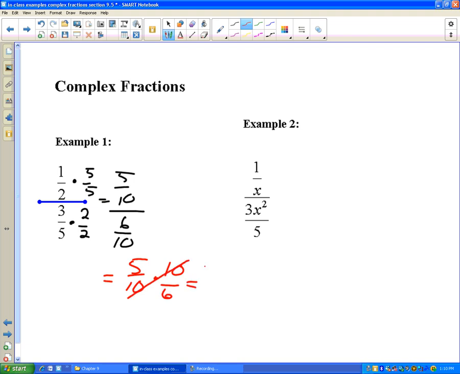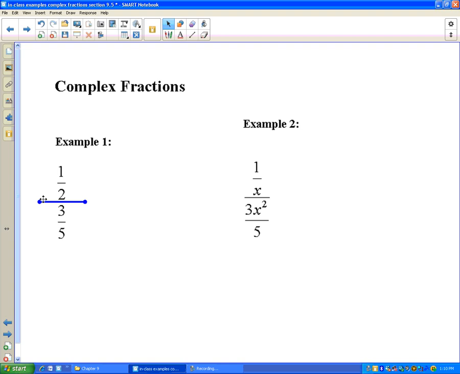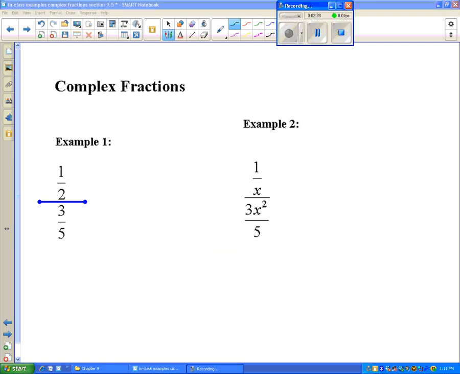The 10s cancel again. I get 5/6. So this is getting a common denominator first and then doing my normal multiplication. That's not very different from what we had been doing. This is a little bit different, but this is a lot more powerful, and it makes things easier.